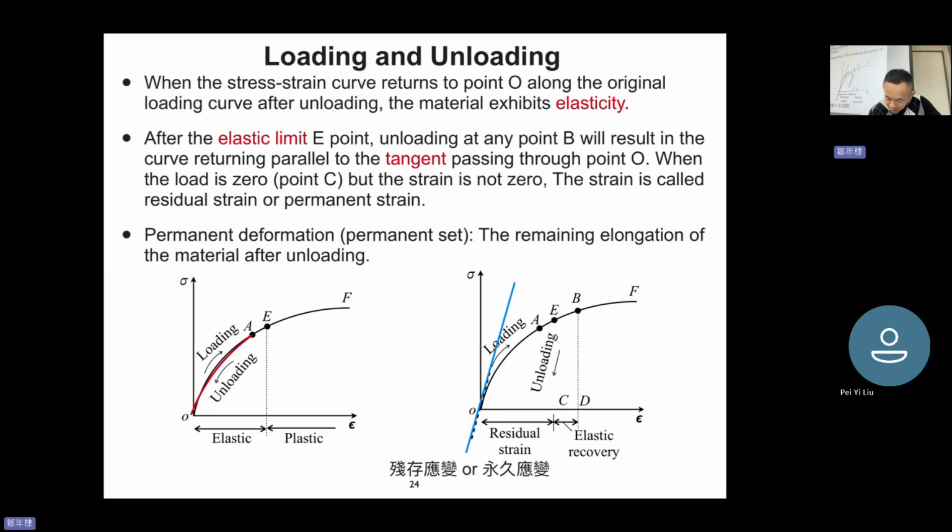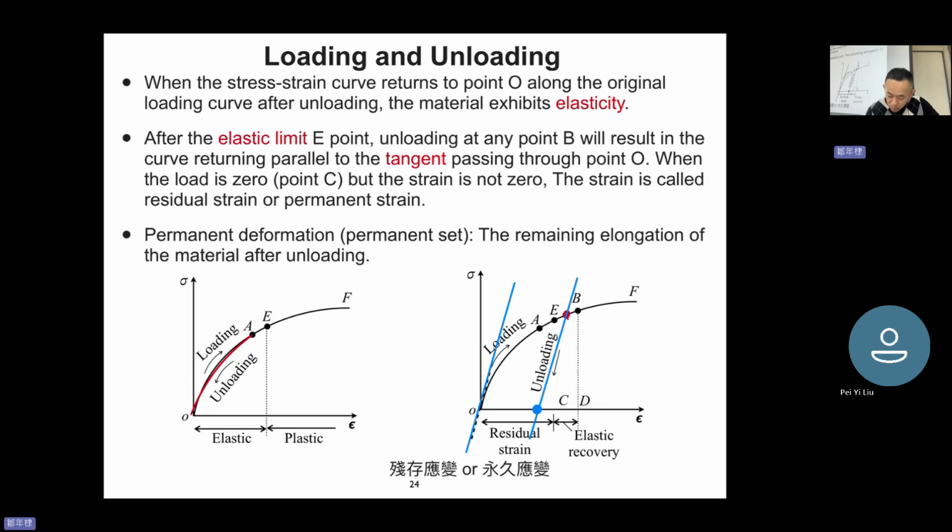For example, if the loading goes to A, it will go back to here.